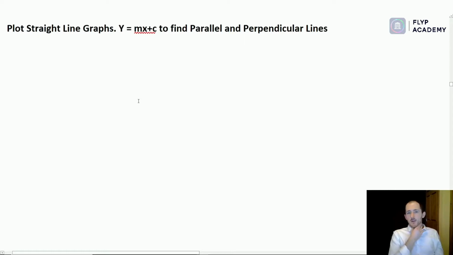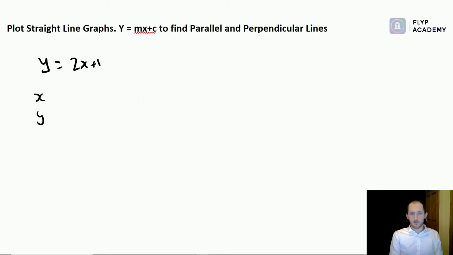This should be relatively okay, but you should be able to, for example, if I give you an equation y equals 2x plus 1, pick any range of values and plot them, so x and y. Let's start from -1, sorry, 0, 1, 2, 3, and you should be able to plot the values, so sub it in.